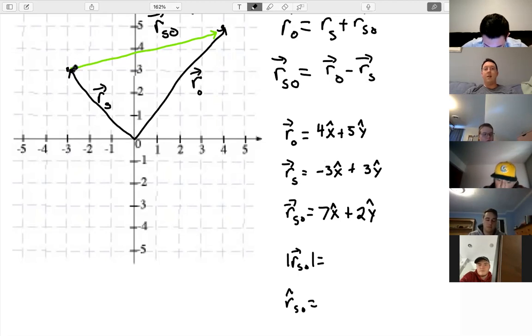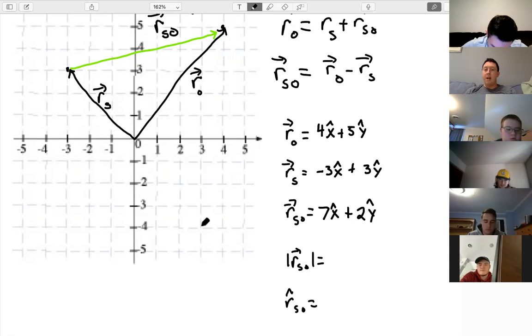Now, these are nice because they're all lined up with the coordinates. You can check that if you started here, it would be 1, 2, 3, 4, 5, 6, 7 steps in the x direction, 1, 2 in the y direction. You can see the green arrow has these components.